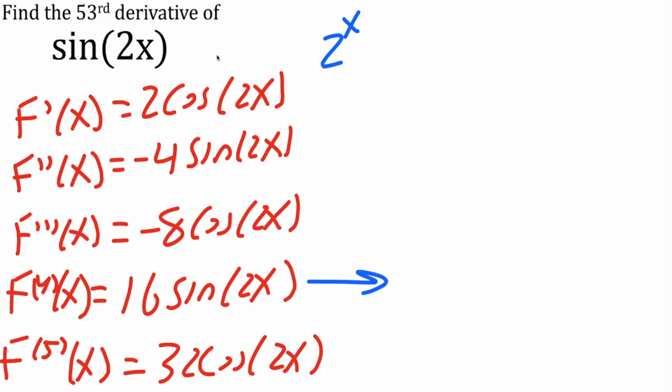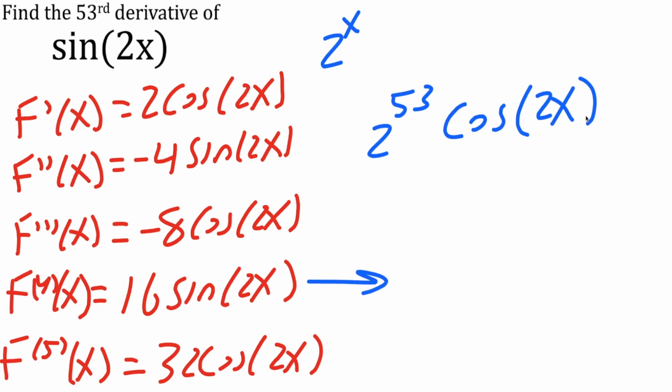For the 53rd derivative, it's going to be 2 raised to 53. We still don't know if it's positive or negative, but we know the coefficient. All of the odd derivatives for this problem are cosine and all the even are sine. 53 is odd, so it's going to be cosine of 2x.